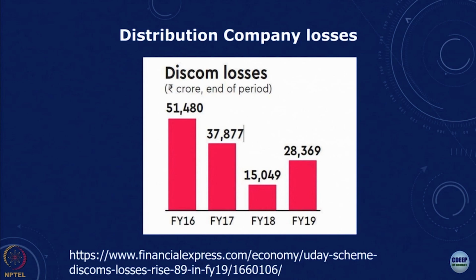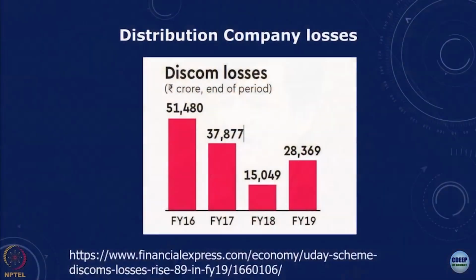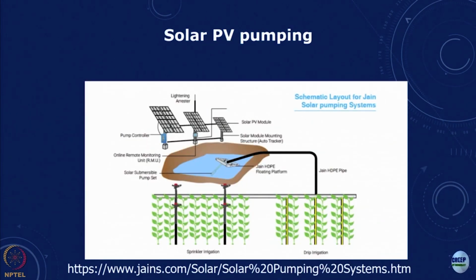As a result, distribution companies have typically been making significant losses, and you can see these in different years with this Uday scheme, based on government estimates, reasonably large loss components. So one of the things the distribution companies are thinking of is supporting agricultural pump sets moving to solar. And of course there is a capital cost involved.